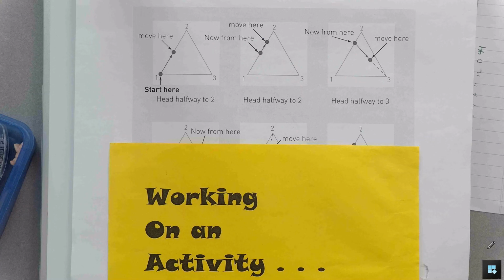And this is showing chaos. This is showing another way to make this fractal, this Sierpinski triangle. Thank you.